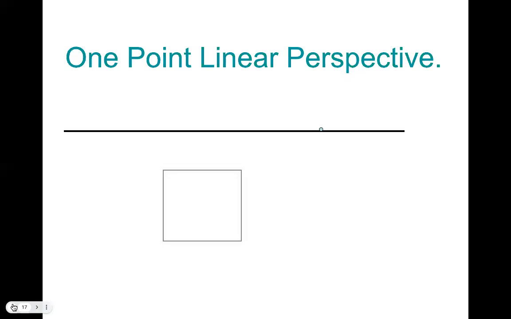It can be a rectangle, it can be a square, it really doesn't matter for this exercise. And then what I'm going to have you do is take the corners of your box and line them up to your vanishing point. Notice that the lines are going to, right? You need to line the corners up with your ruler and go to the vanishing point directly.